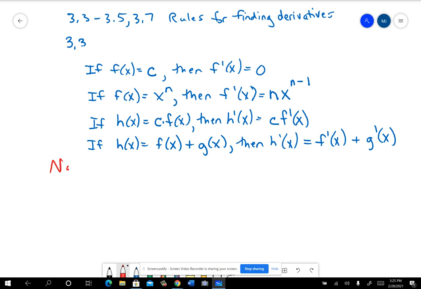Okay, so note, it's not the case if that's times: you can't just do the derivative of each piece and multiply. Okay.